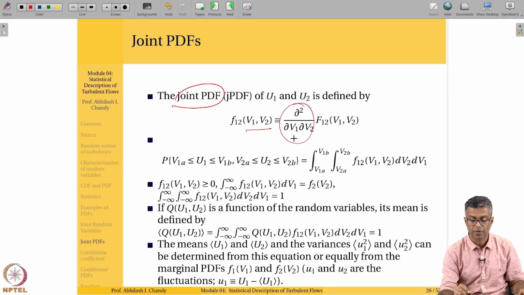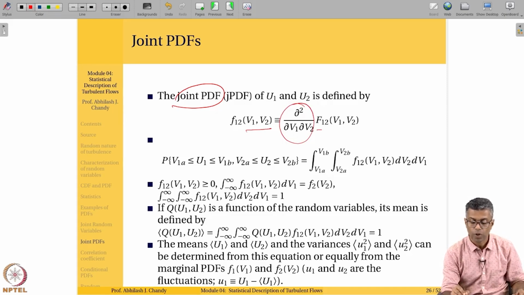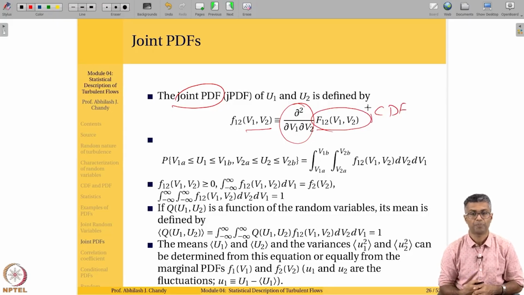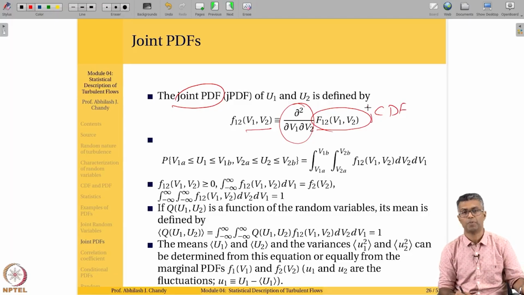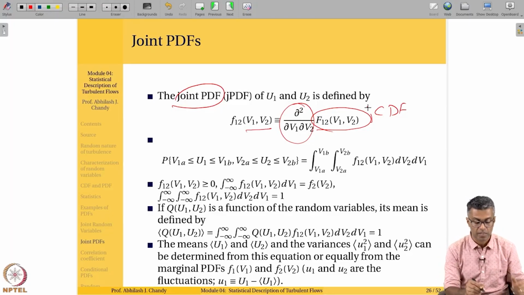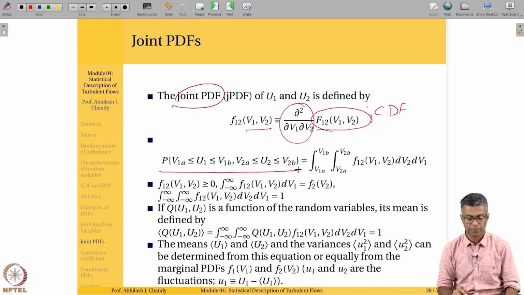This double derivative with respect to the sample space of F12, the joint CDF, JCDF. So this means that the CDF is the integral of the PDF, because the PDF is the differential of the CDF. The probability itself is going to be the double integral of the PDF itself.